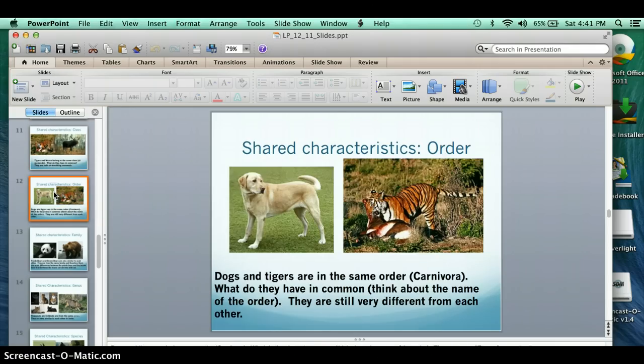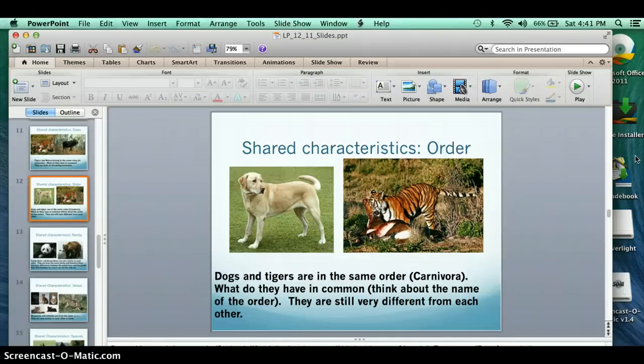Okay, the next group is order. So dogs and tigers are in the same order, Carnivora. So what do they have in common besides being animals, besides being mammals? They also have similar food sources. They eat meat. Carnivores eat meat, okay? So that's something else they have in common.